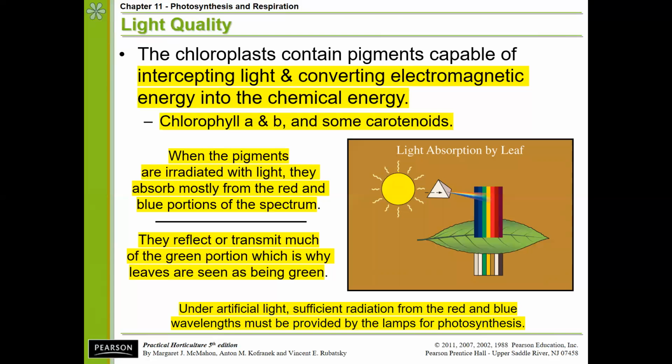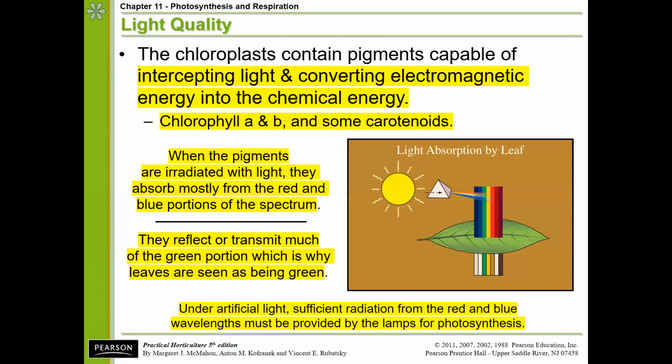We also have some carotenoids that are formed there as well. And again, that's what we're seeing now as leaves change color. Cold weather causes chlorophyll molecules to basically die, if you will. And then the carotenoids or the flavonoids or the anthocyanin pigments are revealed, showing the true colors of the leaf, if you will.